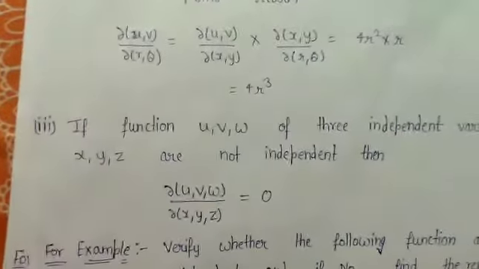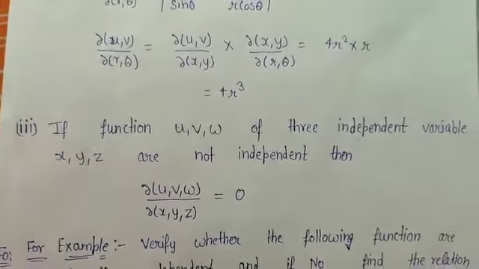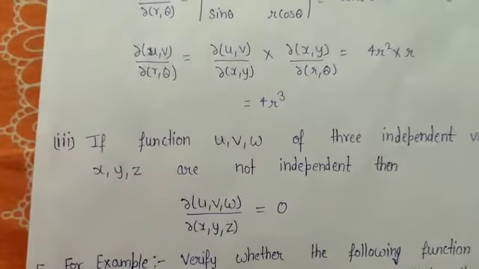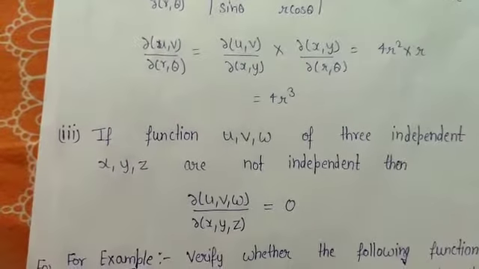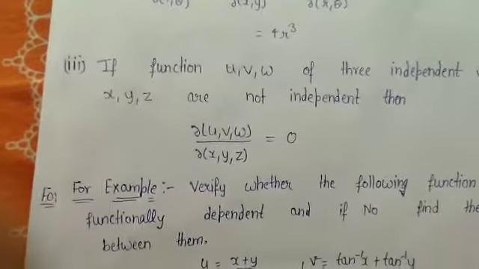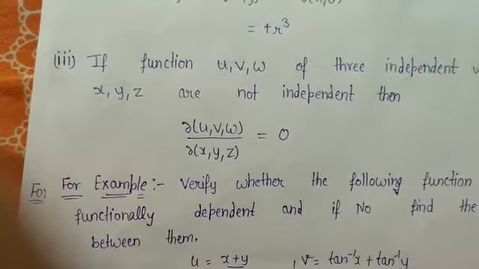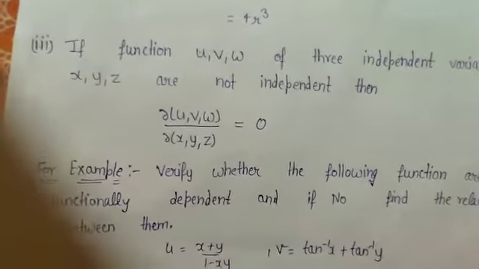Now third property, if the functions u, v, w of the independent variables x, y, z are not independent, then Jacobian of u, v, w with respect to x, y, z is equal to 0. For example, verify whether the following functions are functionally dependent, and if so, find the relation between them.